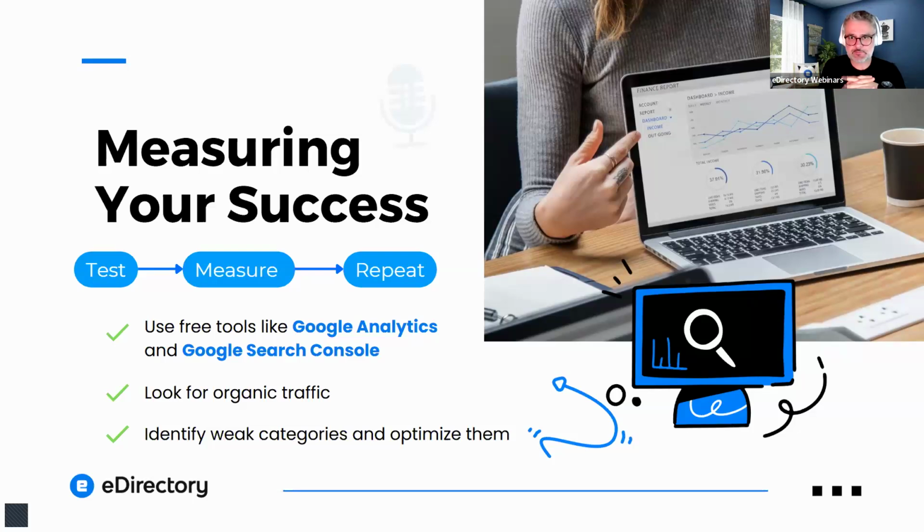So identify which categories are performing well and which ones are weak, double down on what's working and optimize what isn't. So SEO, again, isn't a one-time setup, it's a continuous cycle of test, measure, and repeat.